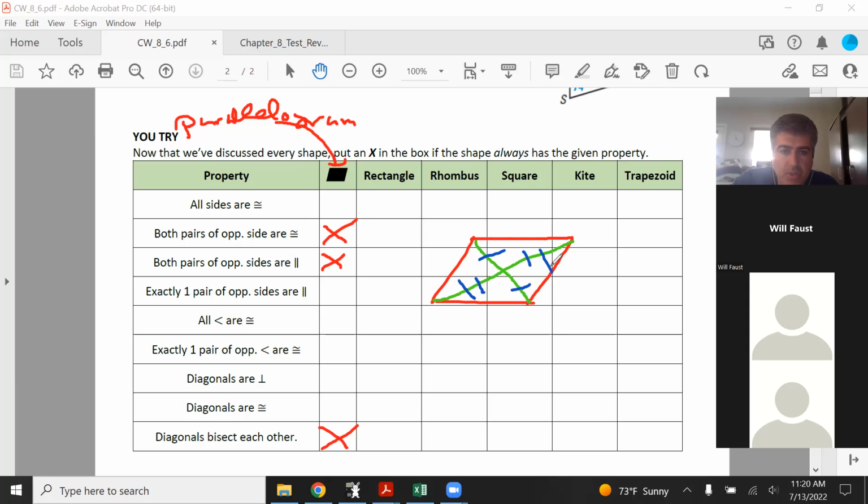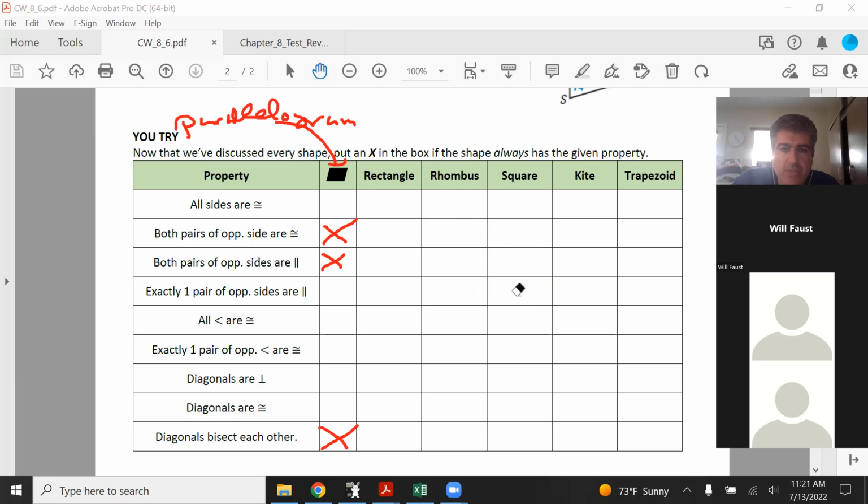So diagonals do bisect each other. But they're not perpendicular. They're not the same because one diagonal is bigger than the other. Again, you don't have exactly one pair of opposite angles. You have two pairs of opposite angles that are the same, but not exactly one pair of opposite angles that are the same. All angles are not congruent. And again, you don't have exactly one pair of opposite sides that are parallel.